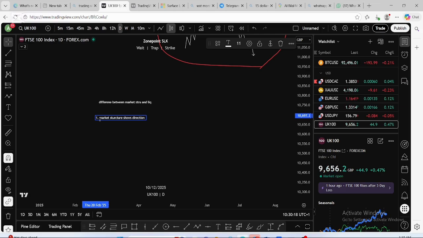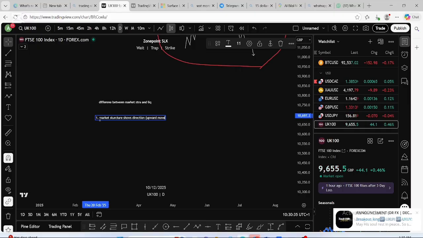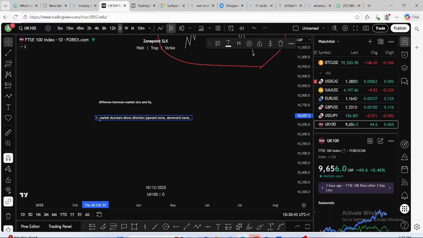It shows direction, either uptrend, that is upward move, which is also known as uptrend, or downward move, which is also known as downtrend, or ranging. That's just what market structure does. Market structure shows direction. And what does liquidity do?